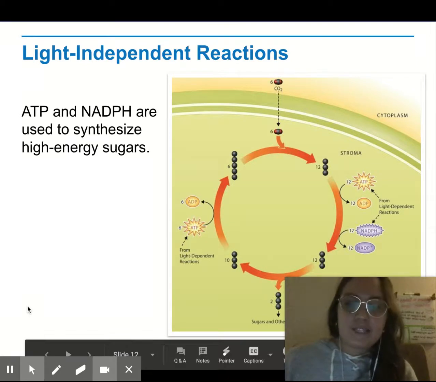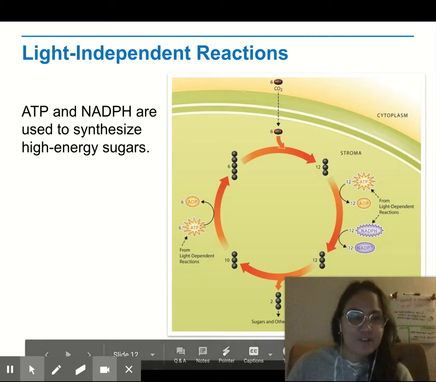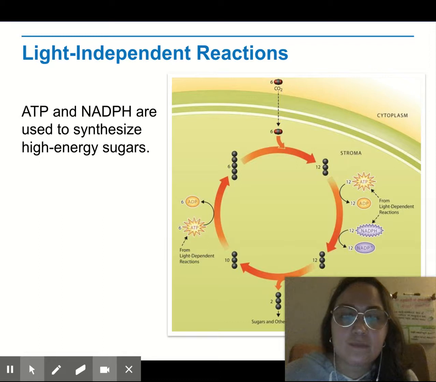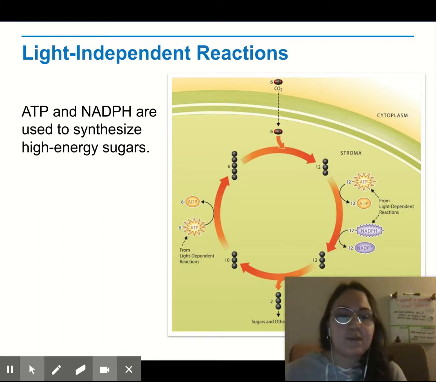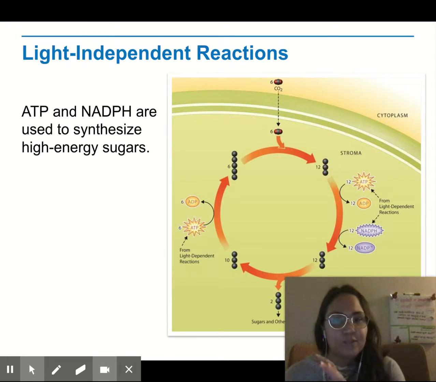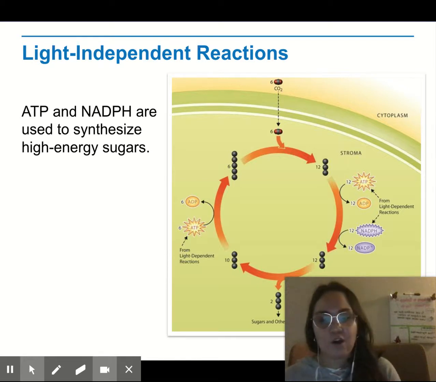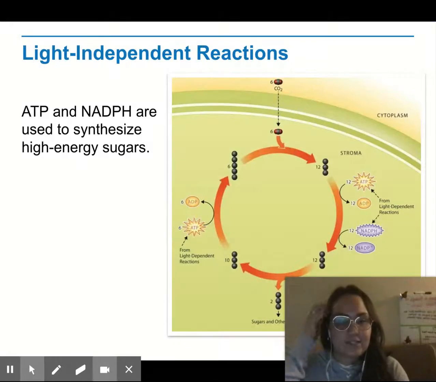The light independent reactions also go by another name called the Calvin cycle. And this is where the ATP and NADPH that was produced in the light dependent reactions, so the energy in those molecules, is now used to synthesize high energy sugars. So here we're going to be making sugars, otherwise known as carbohydrates.